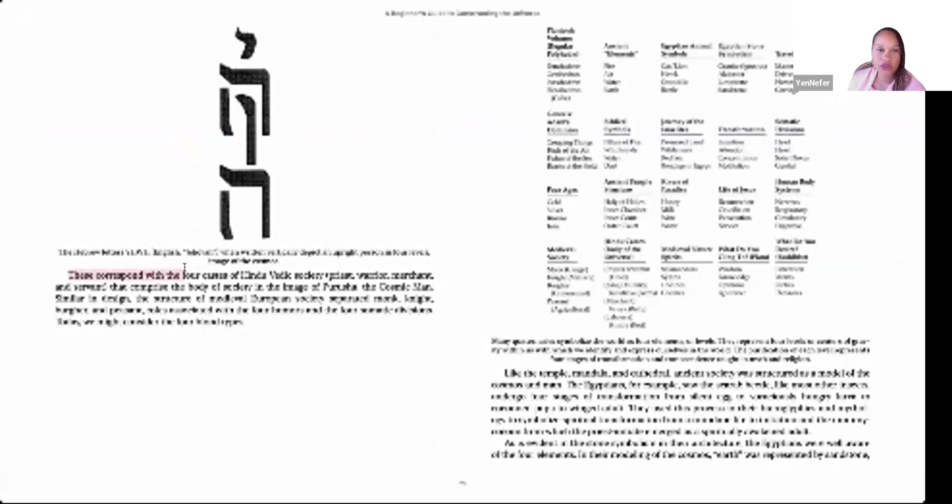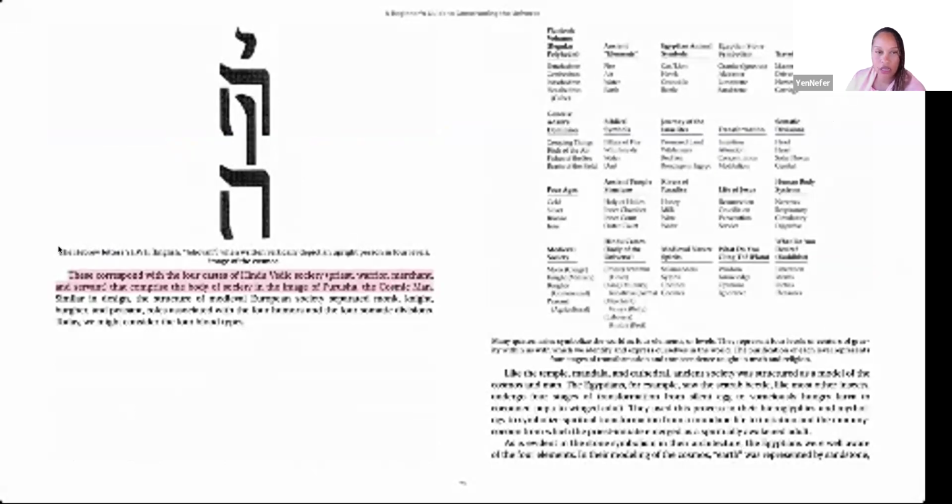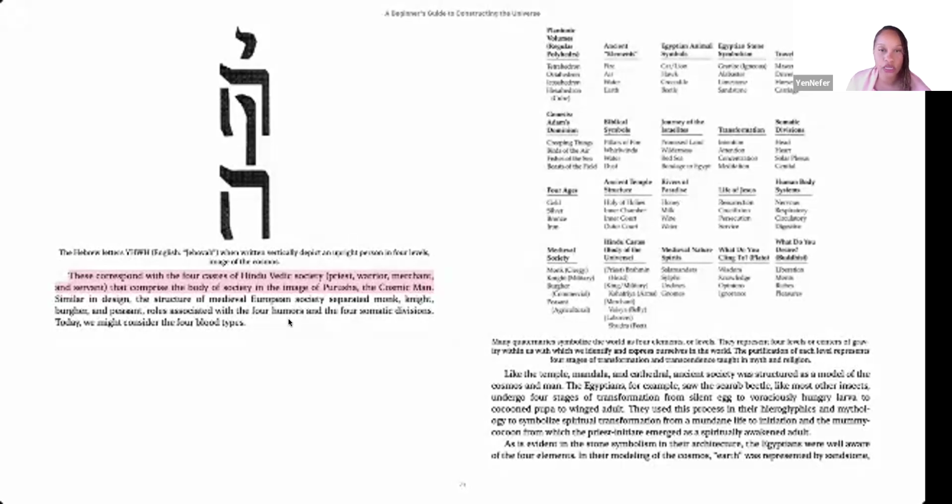These correspond with the 4 castes of Hindu Vedic society: priest, warrior, merchant, and servant, that comprise the body of society in the image of Purusha, the cosmic man. Similar in design, the structure of medieval European society separated monk, knight, burgher, and peasant roles associated with the 4 humors and the 4 somatic divisions.